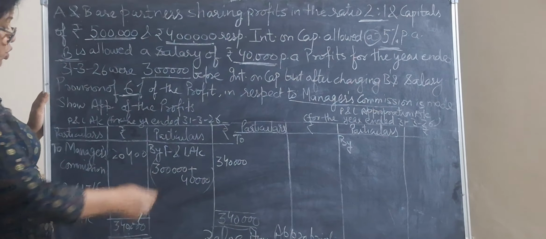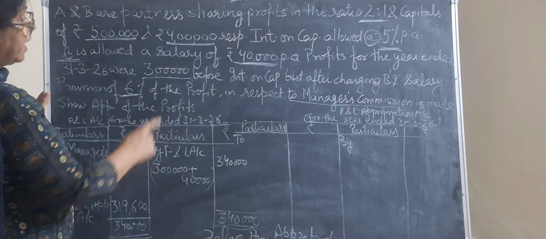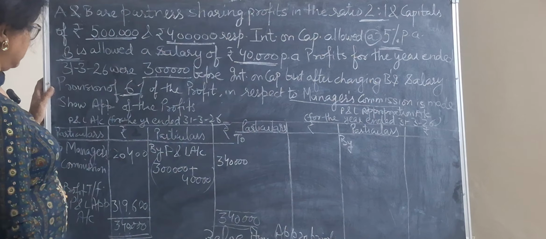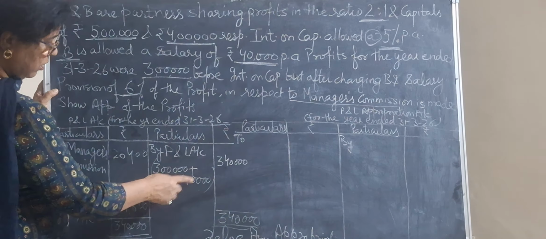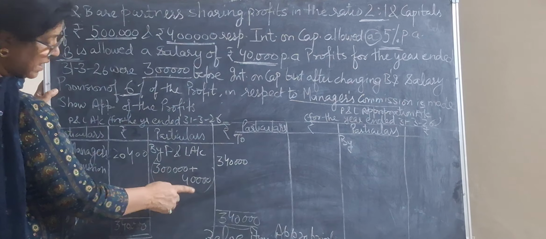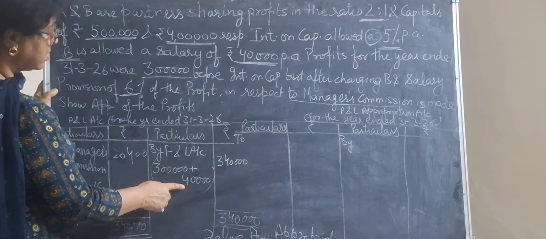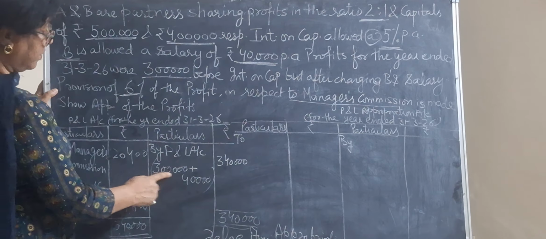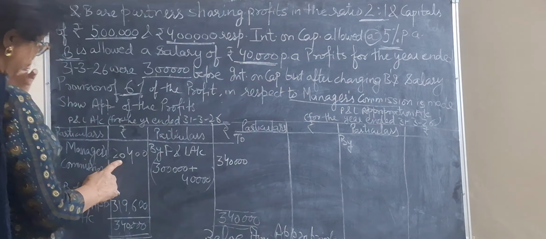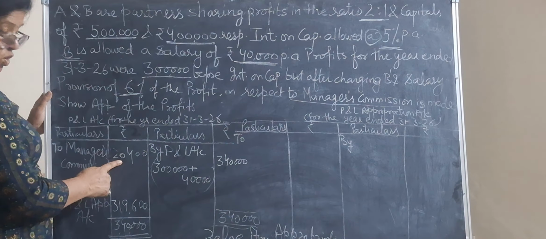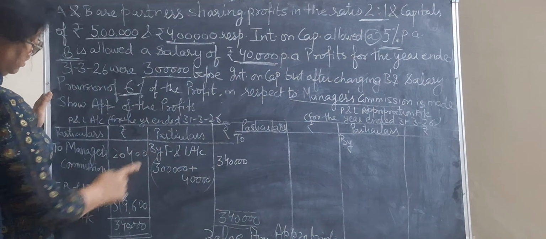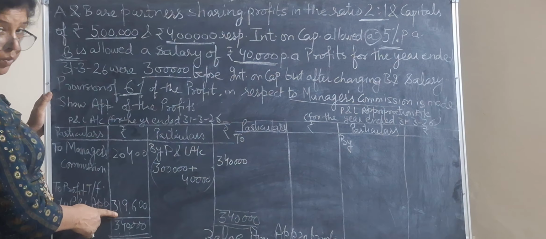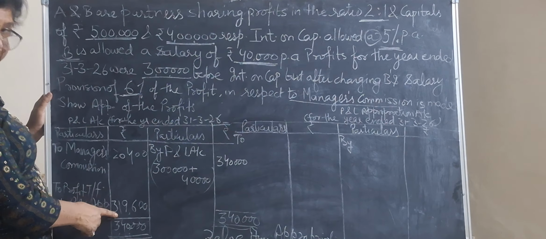So we have to show first the profit before any deductions, anything which has been charged from the profits. Before any appropriation, how much were the profits? 3 lakh. We had charged a salary of 40,000, so we add that: the profit becomes 3,40,000. 6% of it is the manager's commission, 20,400. Subtracting 20,400 from 3,40,000, the profit comes out to be 3,19,600.